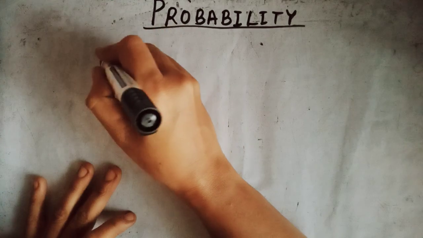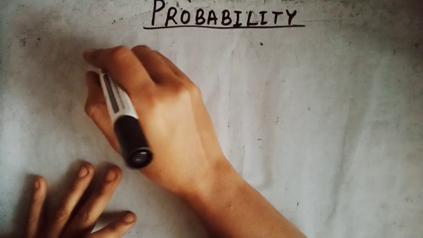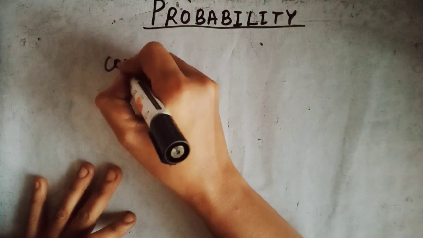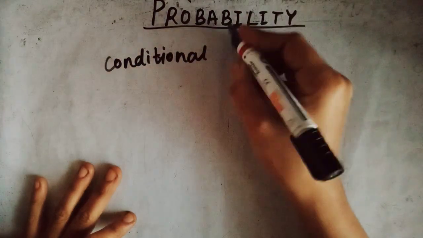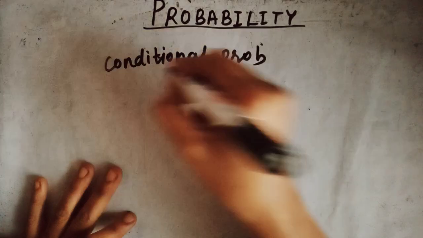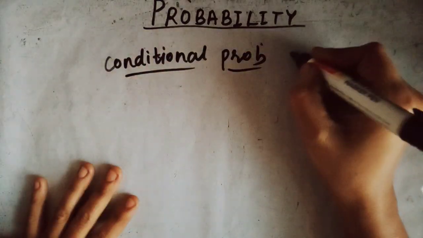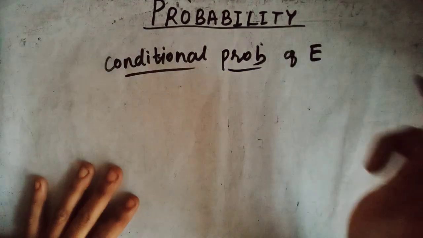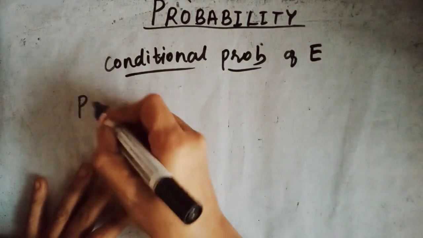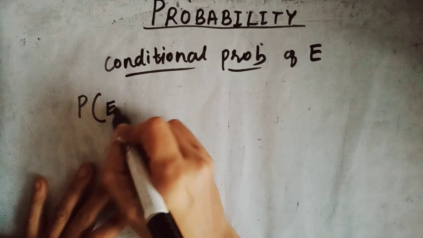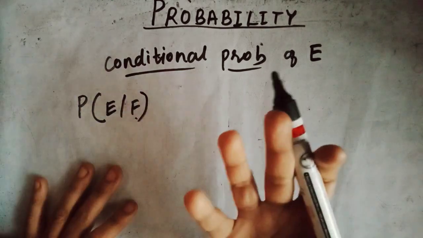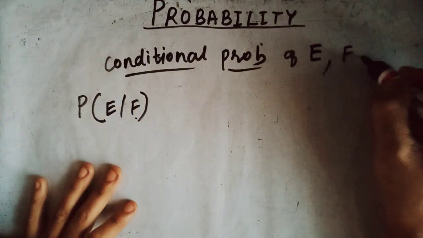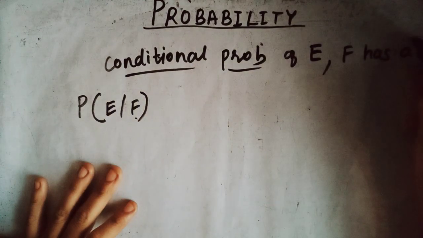This is the conditional probability of E, and it is denoted by P(E|F), such that F has already occurred.